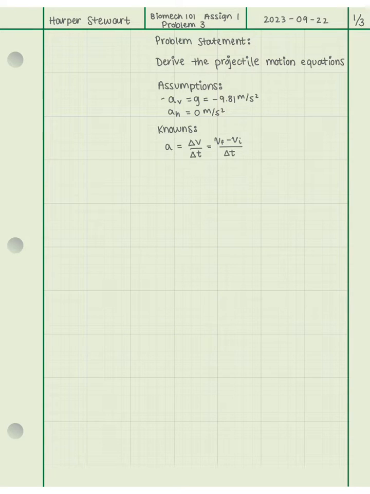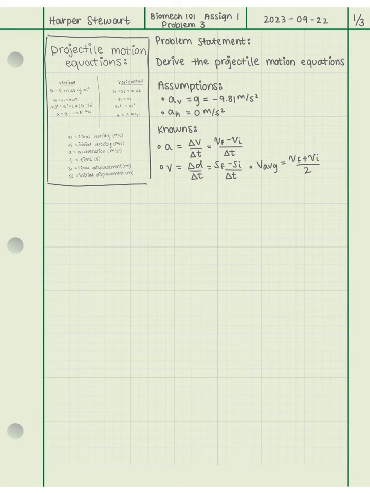We also know that velocity is equal to change in distance over change in time, which can be rewritten as final displacement minus initial displacement over change in time. Another important property is that average velocity is equal to velocity final plus velocity initial divided by 2. And in place of a figure, we're going to write out the projectile motion equations that we're trying to derive.